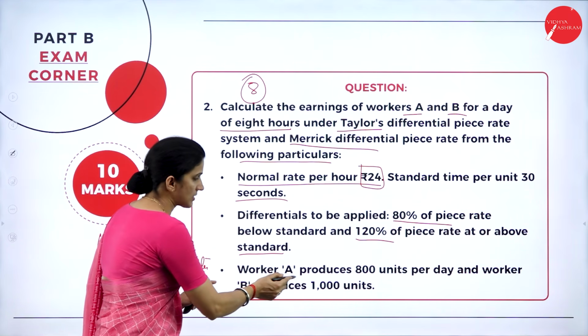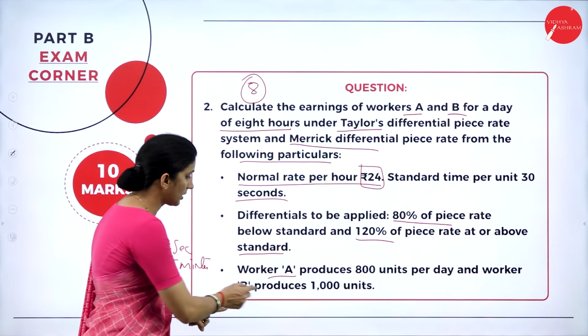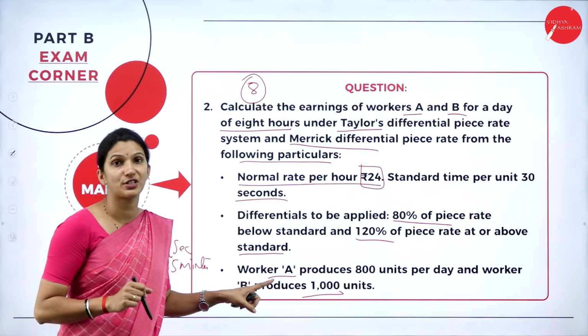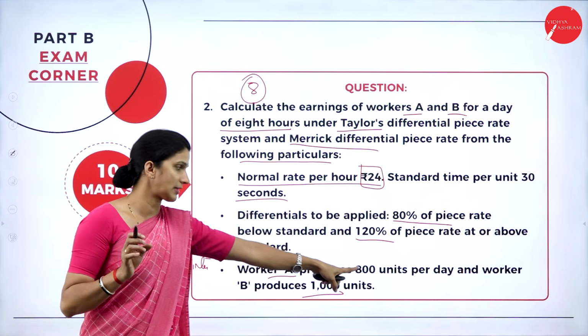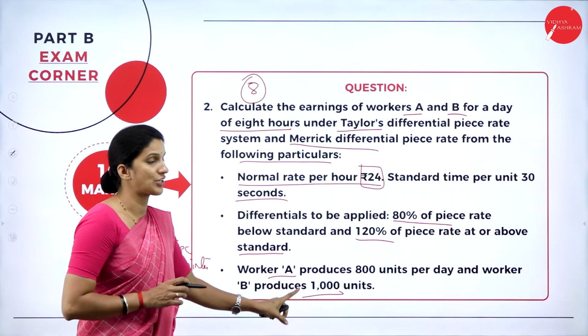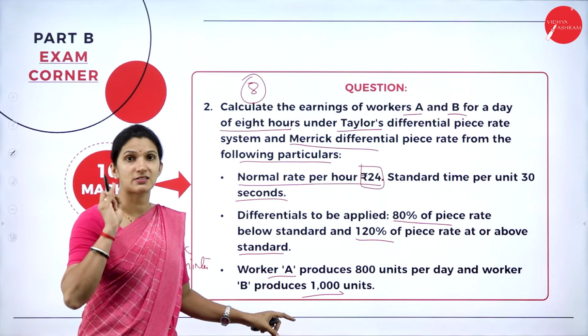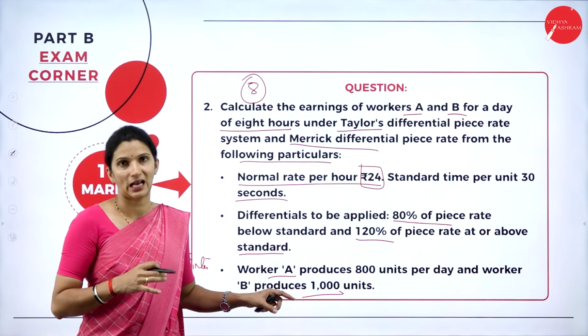Then worker A produces 800 units per day and worker B produces 1000 units, that is in 8 hours of work. For this question, we need to calculate the total earnings under both Taylor's and Merrick systems.